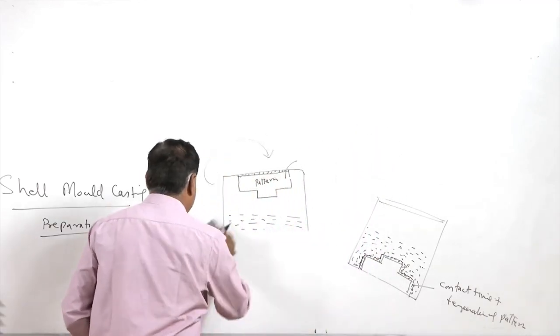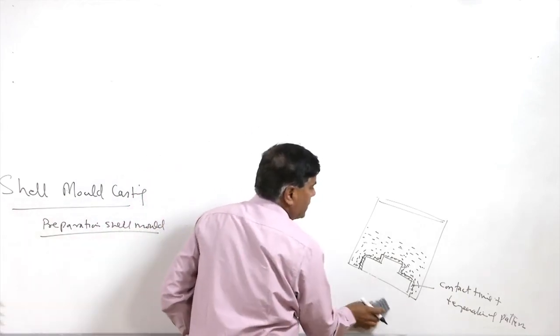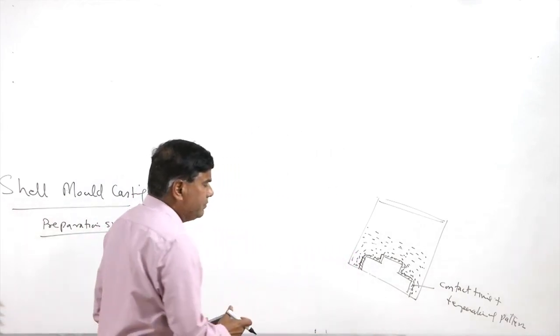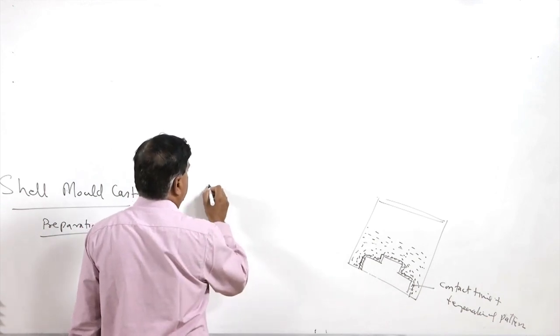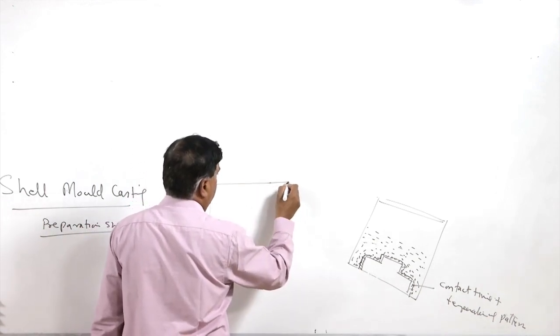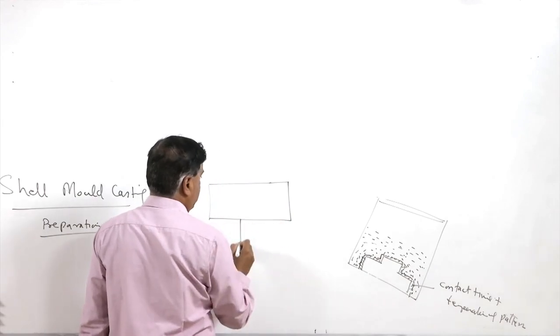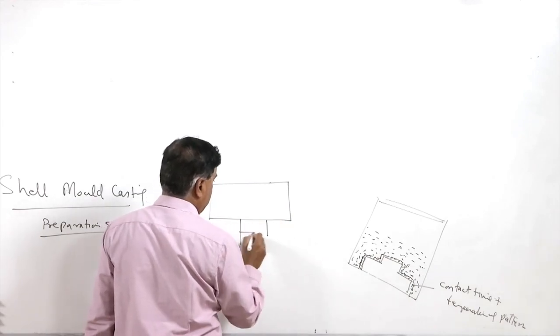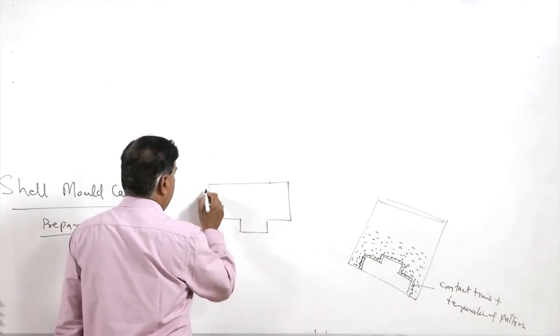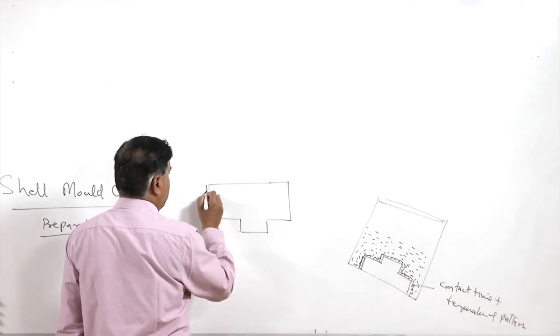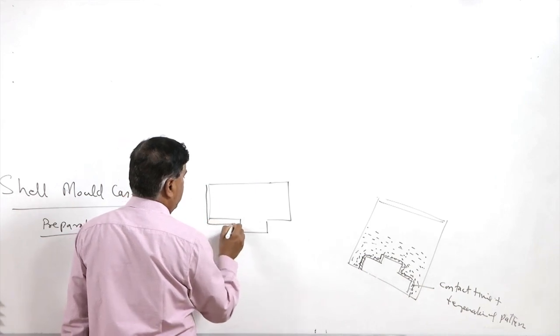Now this pattern is taken out, say of a shape like this, with the shell all around the pattern.